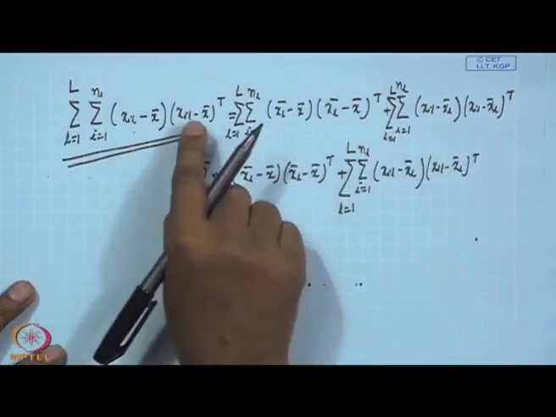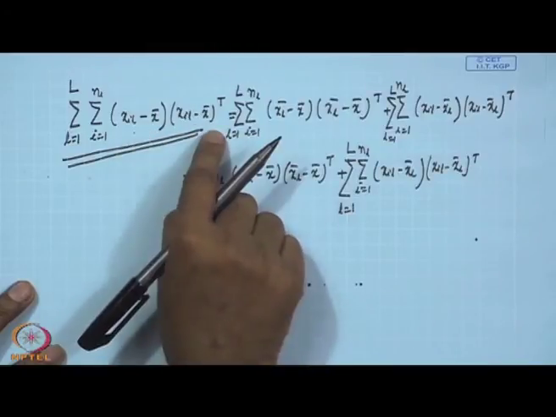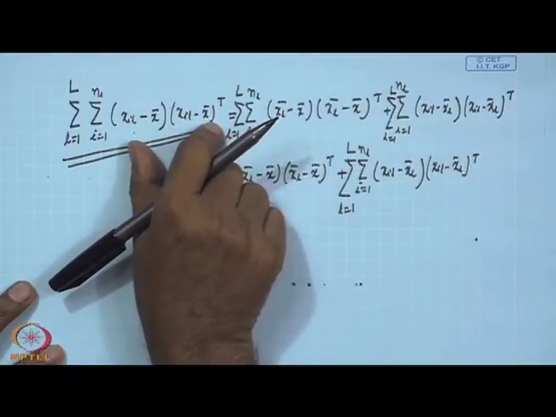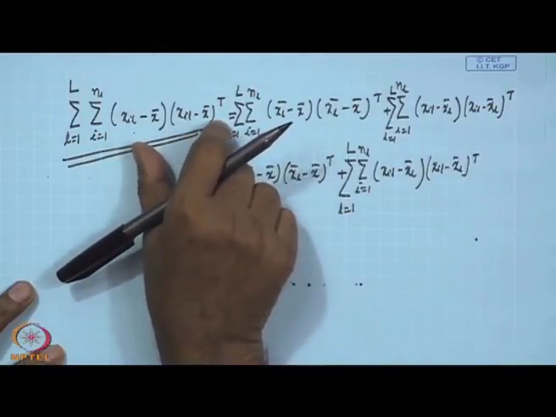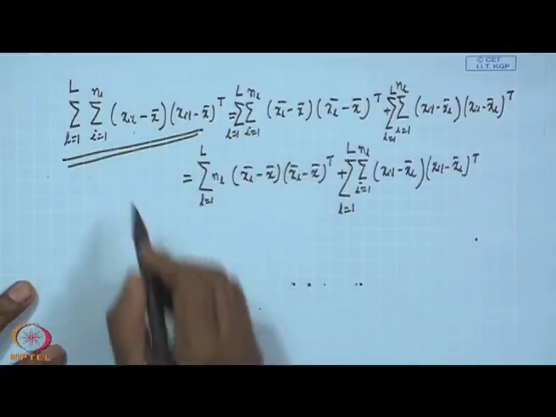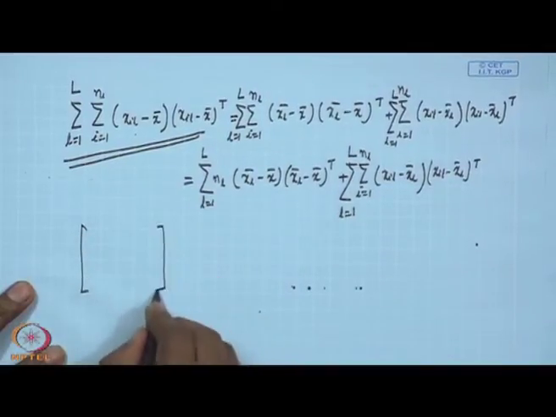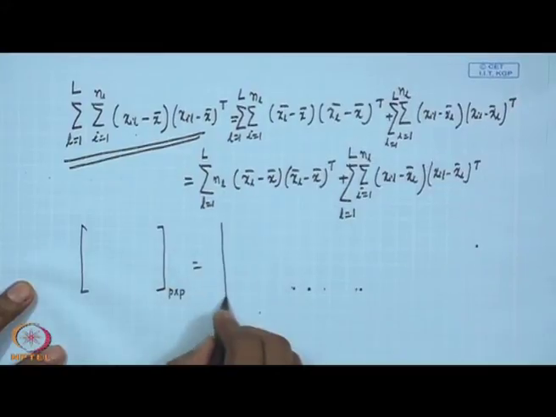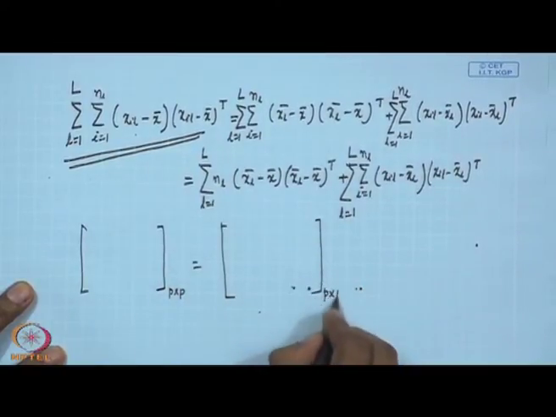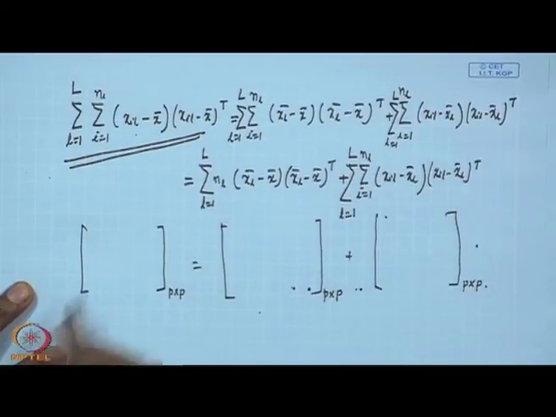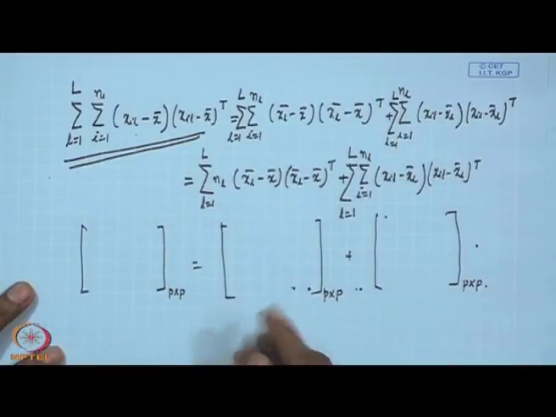But here it is a vector quantity, and when you multiply this vector with its transpose in such a manner, it creates a matrix, not a scalar, a matrix of P cross P dimensions. So, this will be a P cross P matrix, plus another P cross P, correct. Diagonal elements will be the variance part, off-diagonal elements will be the covariance part, variability and covariance.